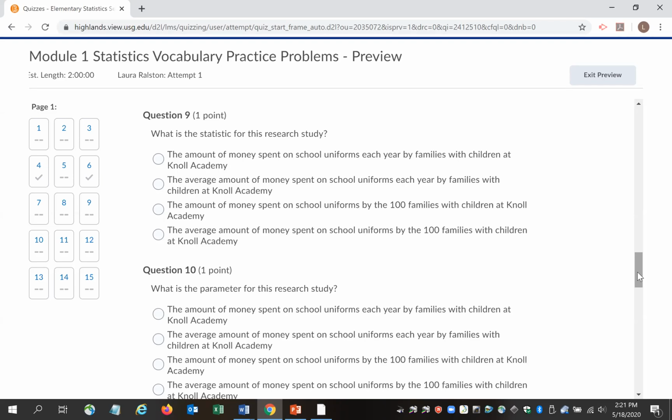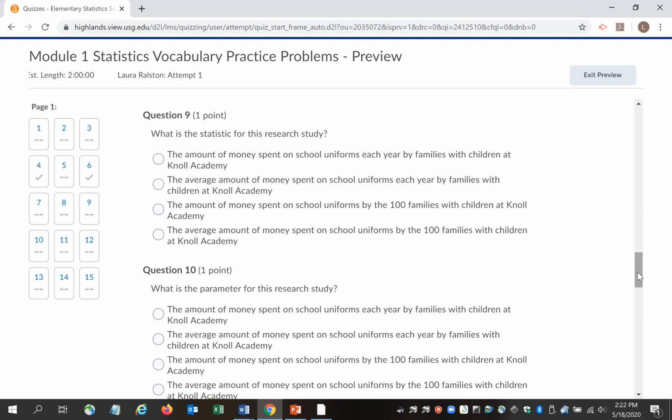That's my data that I've collected. Those are the responses that I got from families. And I can take those three values, add them up, and divide by 3, which would give me the average. Okay, so because it says statistic, you've got to tell me what numerical measurement you are going to calculate related to your data.